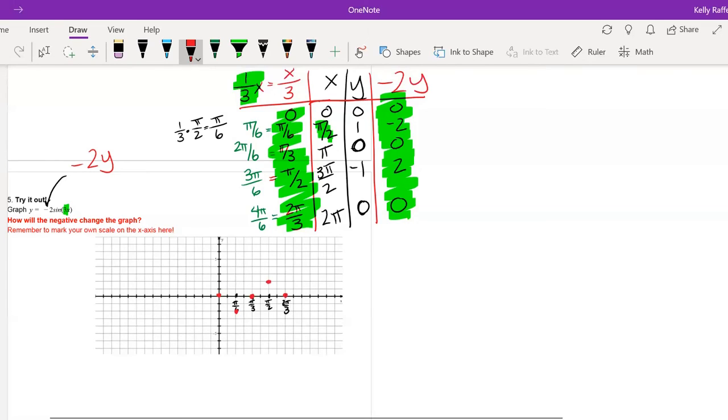If you notice, for this one we're going down into the valley first instead of up to our mountain, which is the opposite of our original sine graph. So that's the reflection that Carrie mentioned before. And then we're all set. Again, I like to draw the arrows on the end just to show that it does keep going forever.